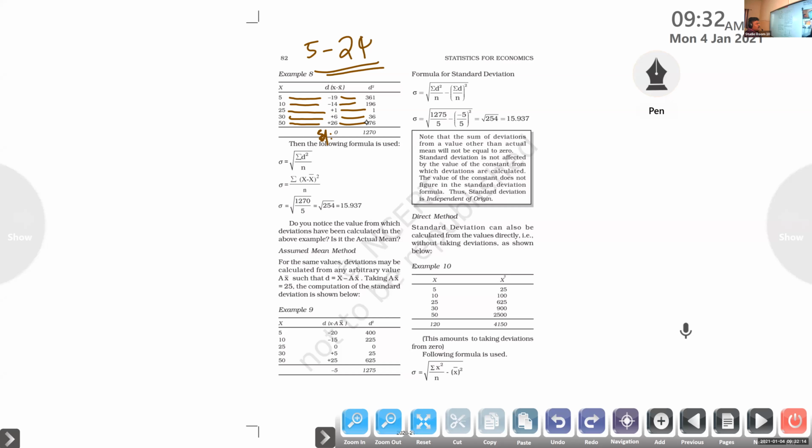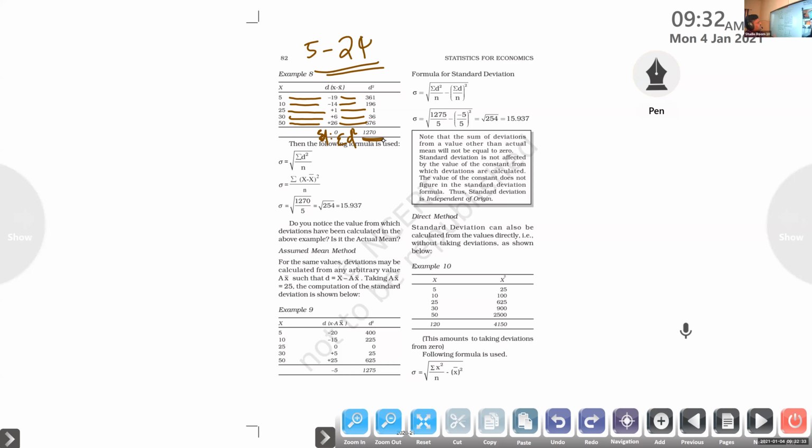If you add all these d square values, 361 plus 196 plus 1 plus 36 plus 676, all together the answer is 1270.